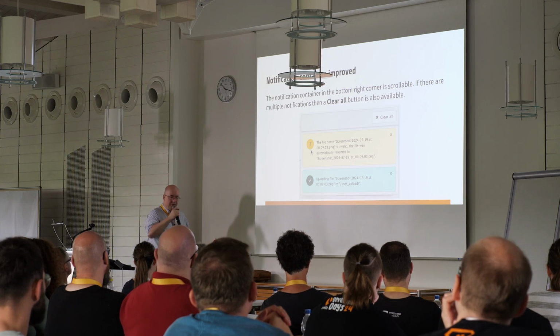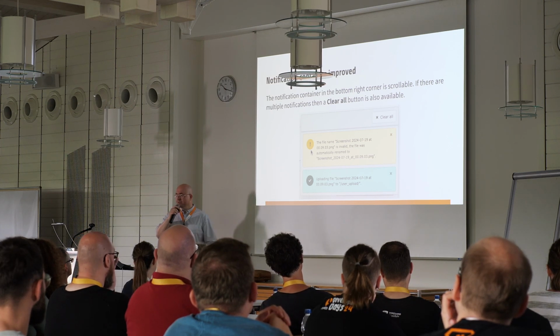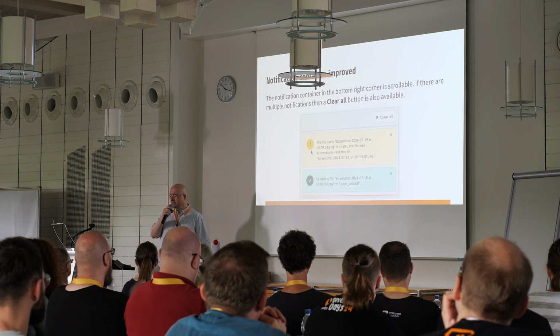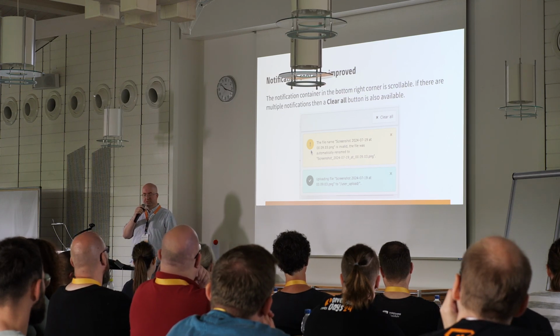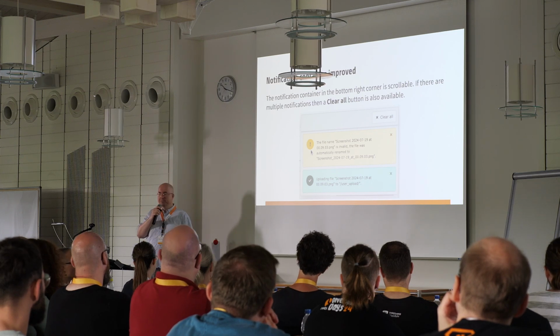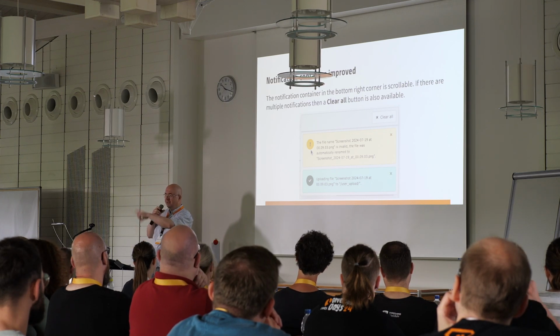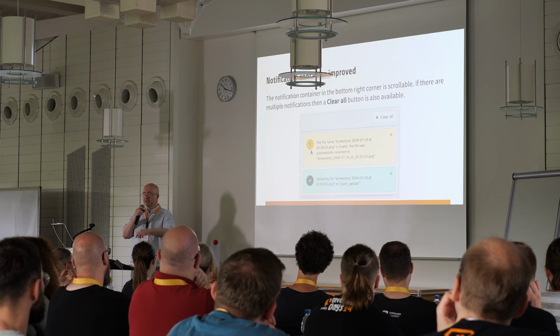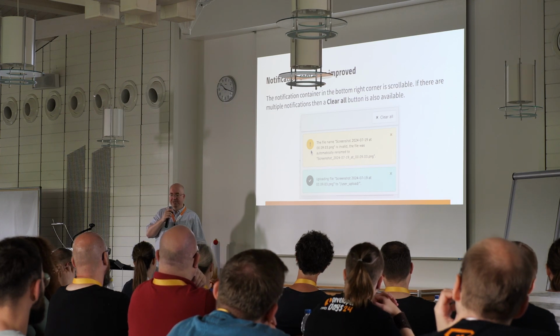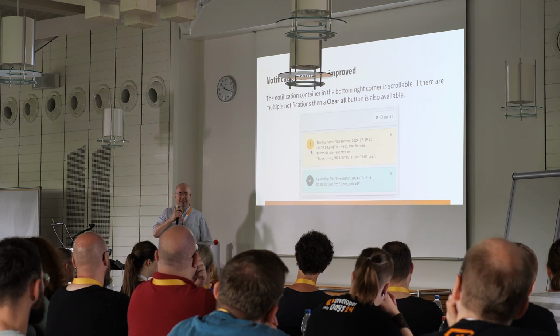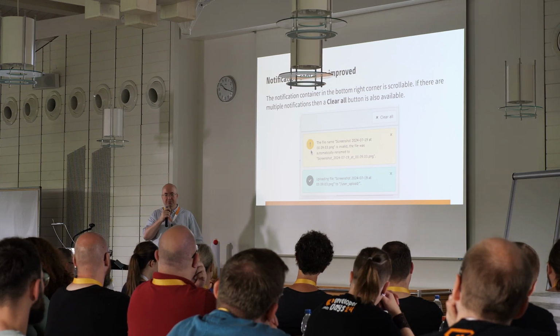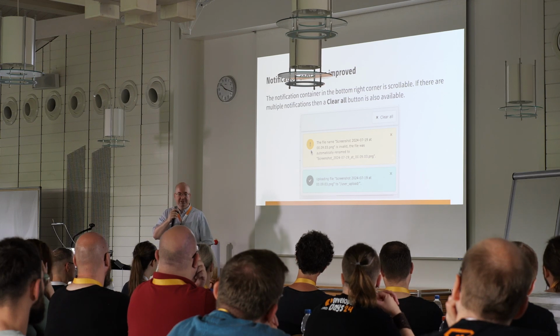The notification container was already there. It was already a big improvement over earlier versions where all those temporary flash message notifications just ended up somewhere in the right corner and just disappeared. I don't know if you've been uploading a bunch of files in the file list module, but that was really a mess.